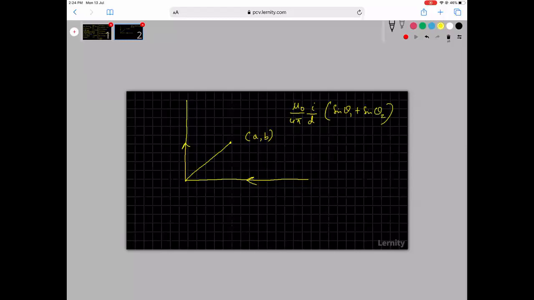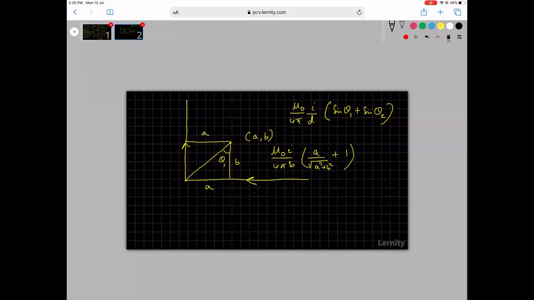So this will work out to be, this is B, this is A. Because of this wire, it will become mu naught I by 4 pi B, sine theta 1. This is theta 1. That will become A by root over of A square plus B square plus 1.